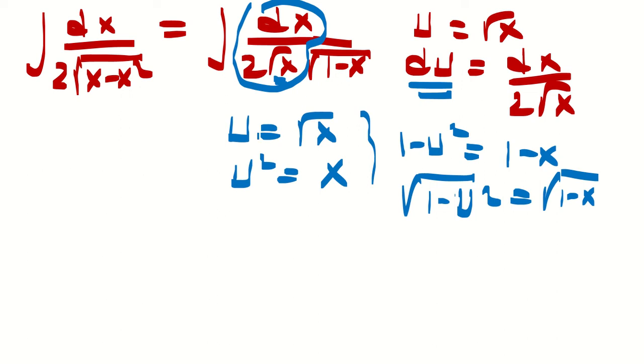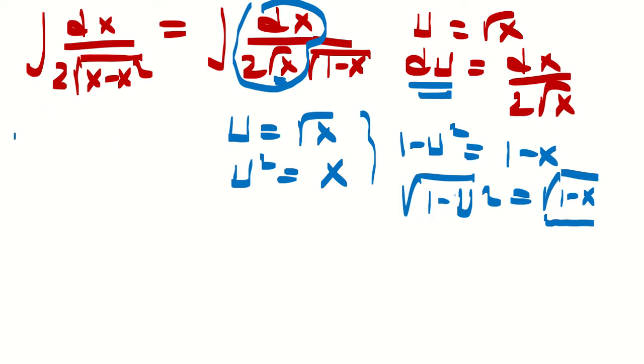To do that, once u is equal to root x, if you square both sides, u square will be x. And if you make 1 minus both sides, 1 minus x will be 1 minus u square. For both sides, we did 1 minus here. Then put in the square root on both sides again, because our objective is to substitute 1 minus x in the radical by this result.